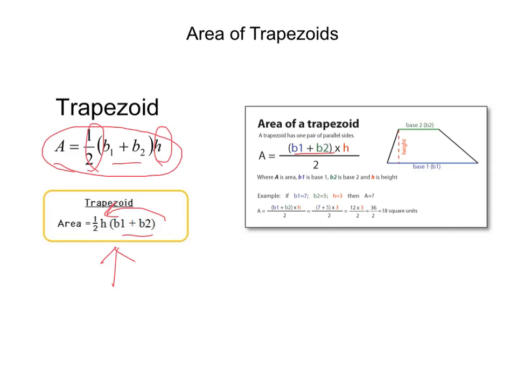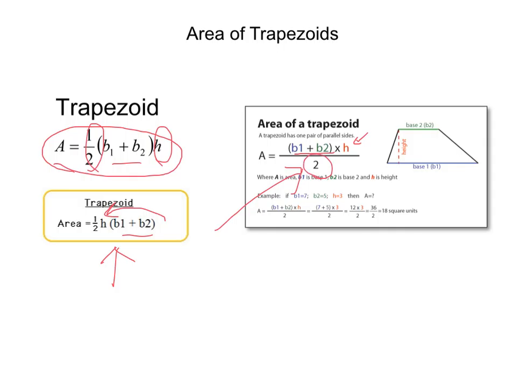And so over here in this representation, notice that the h is still being multiplied after the parenthesis, and they use a little x to show that multiplication. But look at what happened to the 1/2. Where did the 1/2 go? Do you see where it went? Sure, it's right here. This is being divided by 2.